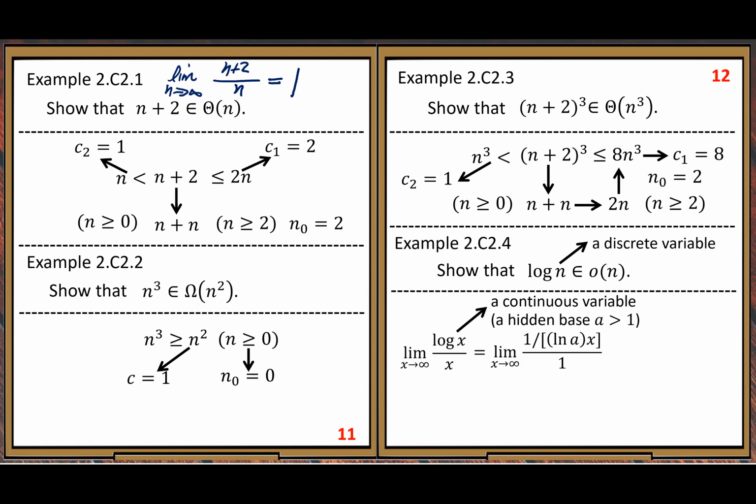That's the reason we need a greater than 1. Under that assumption, the natural log of a is a positive number, times x, the variable x. All right. After simplification, we have this expression, 1 over constant times x. Now when x goes to infinity, it equals 0.